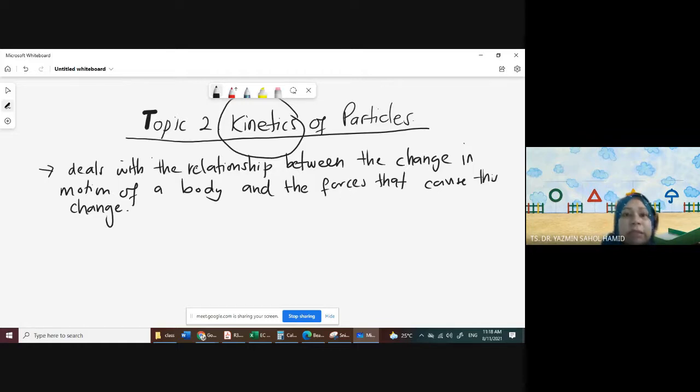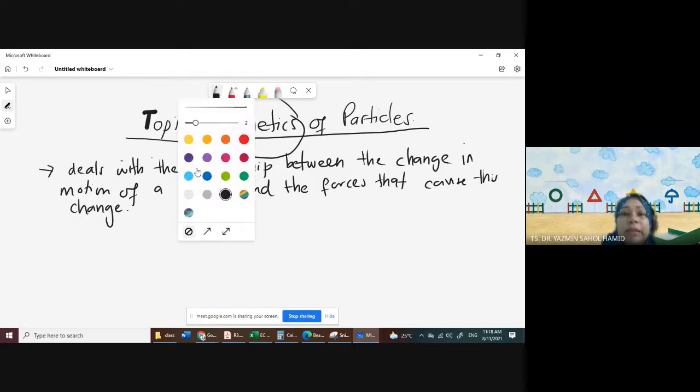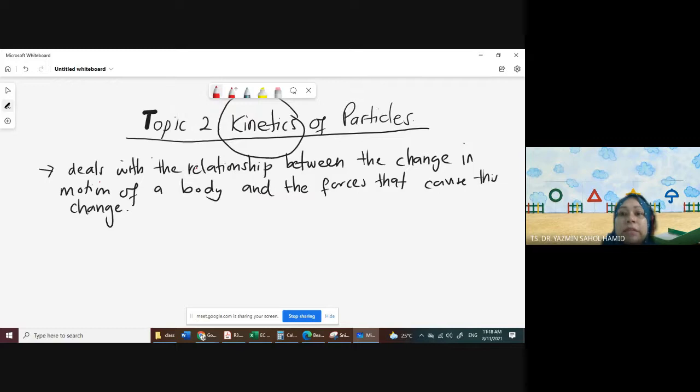So when you hear the word kinetics, it deals with the relationship between the change of motion of the body and the forces. So the motion of the body also changes, and it's due to the forces involved.